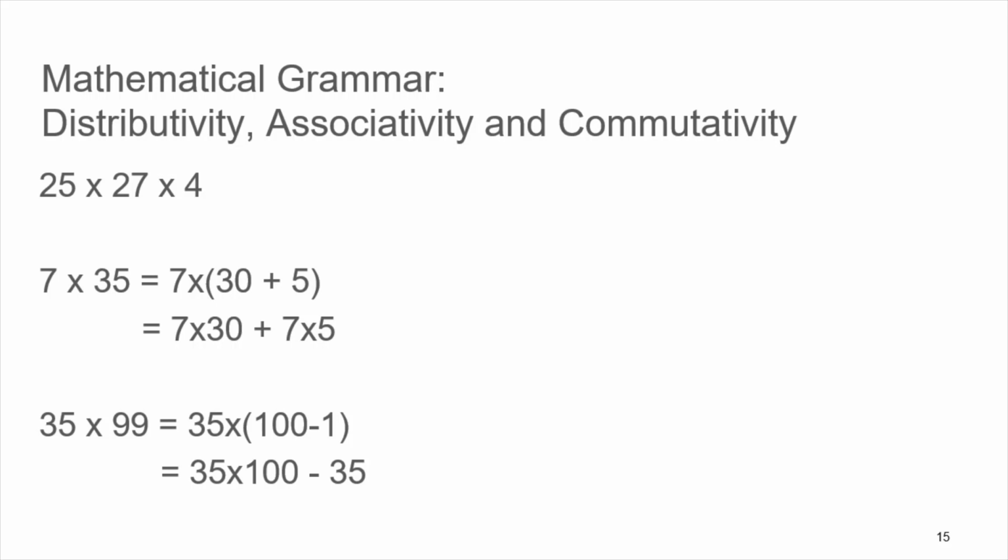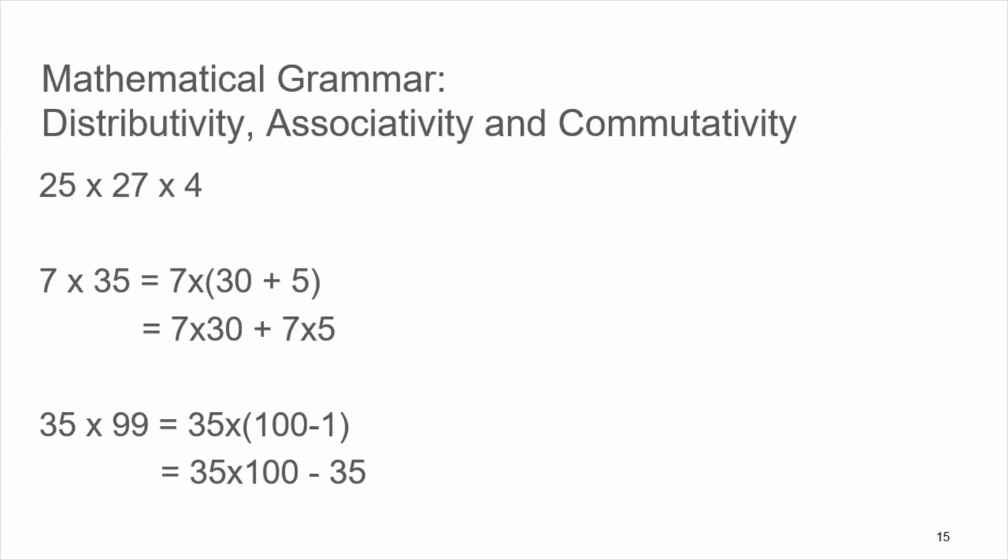So in the first question, when a student sees 25 times 27 times 4, would they naturally do 25 times 4, group that, and then the 27? Do they understand that associative rule really, really well?